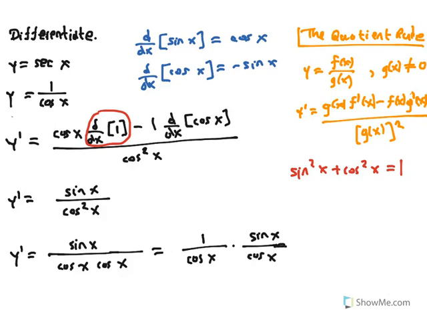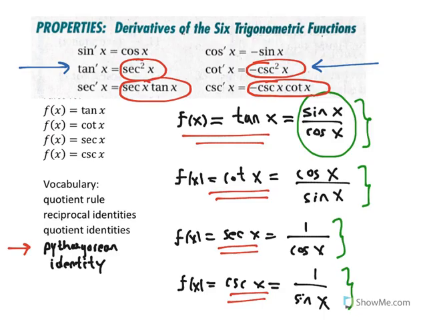So what we have is a product of two fractions. When you multiply the numerators, you get sine x. When you multiply the denominators, you get cosine x times cosine x. And the first fraction by a reciprocal identity is secant x, and the second fraction by a quotient identity is tangent x. So the derivative of the secant function is y prime is equal to secant x times tangent x. And of course, we see that here.